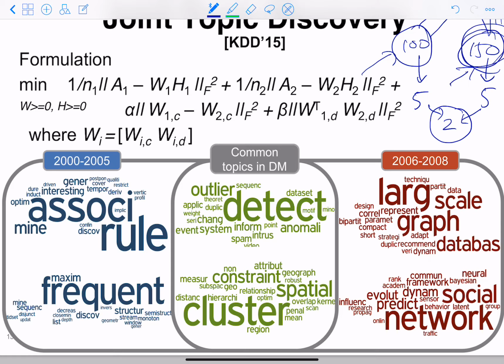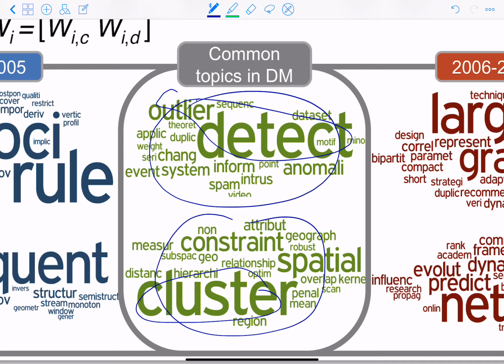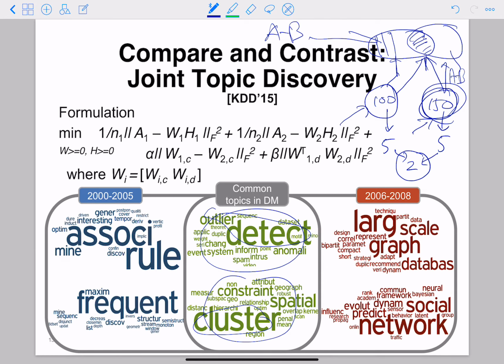In terms of topic modeling or soft clustering, we can consider the common topics that encompass the two data sets, and those two topics are outlier detection and clustering itself. They are the clusters existing in both data sets, in earlier papers and more recent papers. So clustering and outlier detection are consistent topics that are studied.